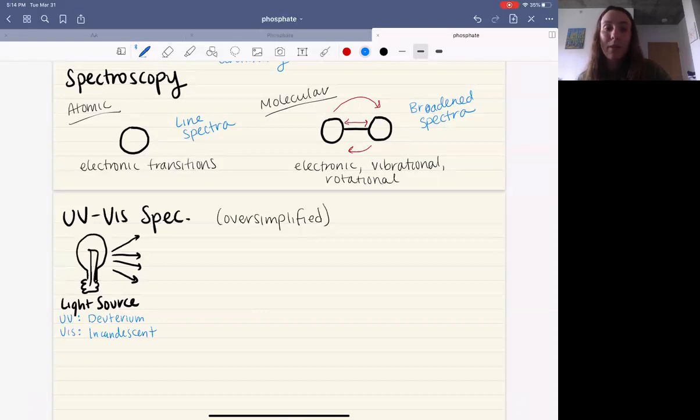So we have this lamp that's emitting over a range of wavelengths over the entire UV visible spectrum, but we want to just select one of those and send one wavelength at a time through our sample and see how it absorbs. Okay, so first thing in this monochromator is a lens, specifically a collimating lens, which means it's taking this light that's going in all directions and it's going to make it go parallel.